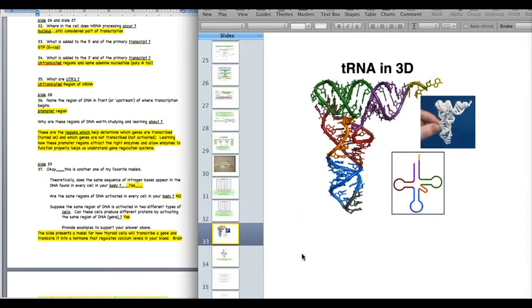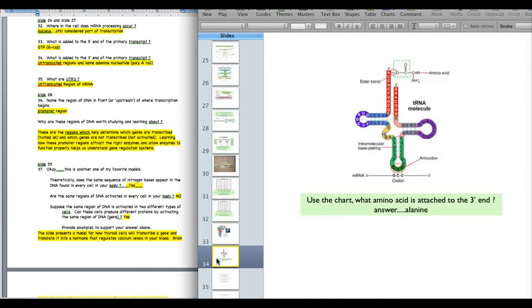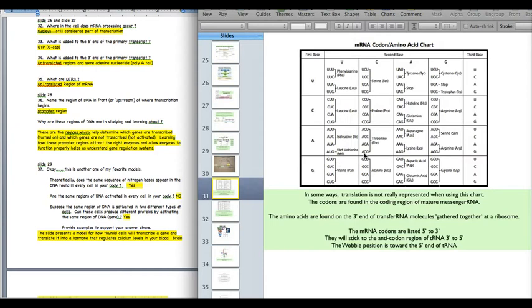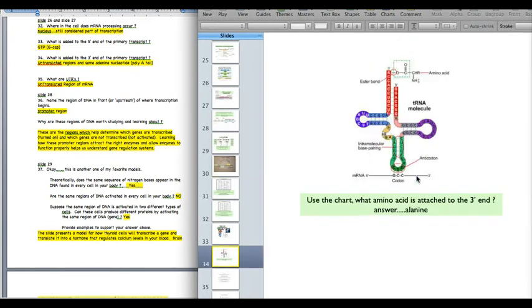When it sticks, those nitrogen bases are naturally attracted to each other and like to bind. So here you can see the RNA is 5' to 3'. It's sticking there. So GCC. You can go to here and find GCC, alanine, right there. So in fact, that is alanine, this amino acid stuck to that.